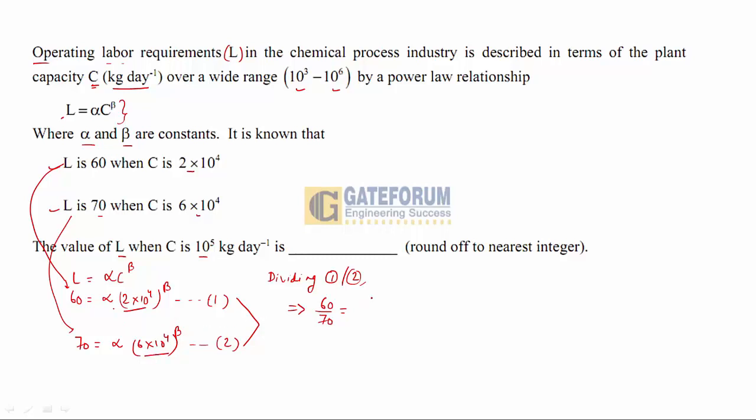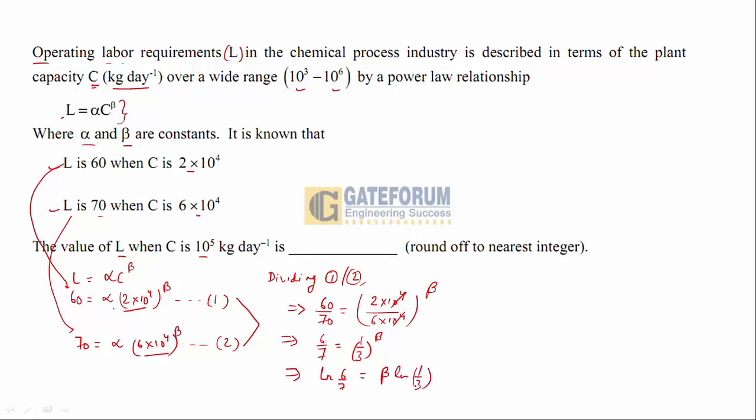That is 6 by 7. Then the 10 power 4 cancels. 2 by 6 is 1/3, to the power beta. Now what we can do is take log both sides. Ln 6 by 7 equals beta ln 1 by 3.